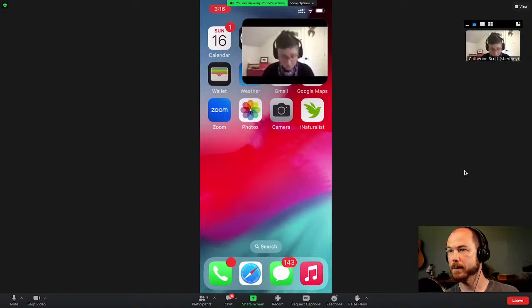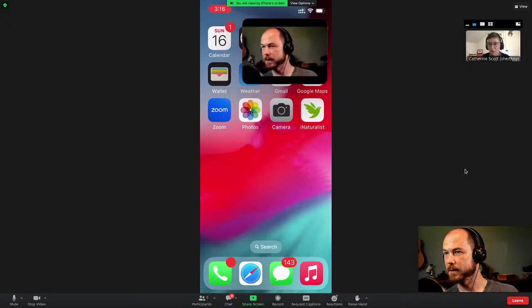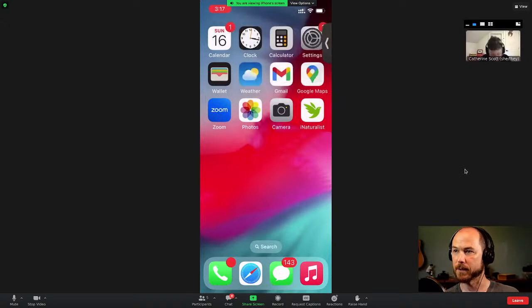Anyway, I think now I have the screen of my iPhone queued up. But it looks like the actual Zoom call is on top of your iPhone screen. Oh, there we go, I got rid of it. Okay, here we go. So we're just really quickly going to go through using the iNaturalist app on your phone.